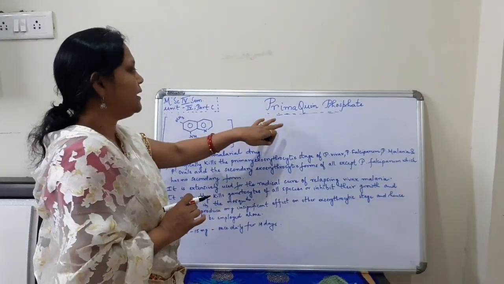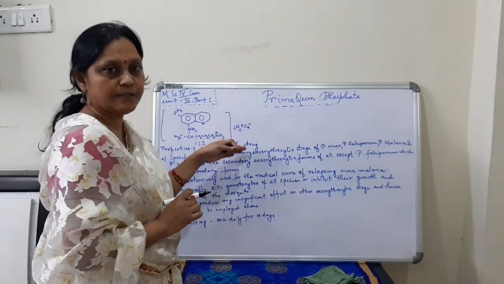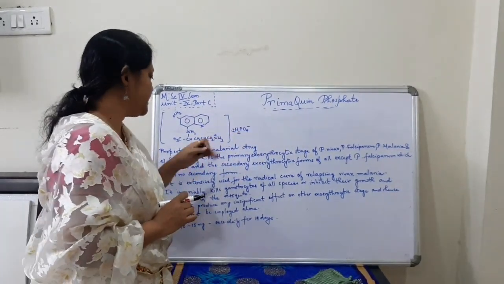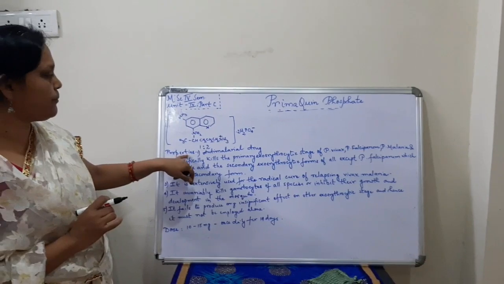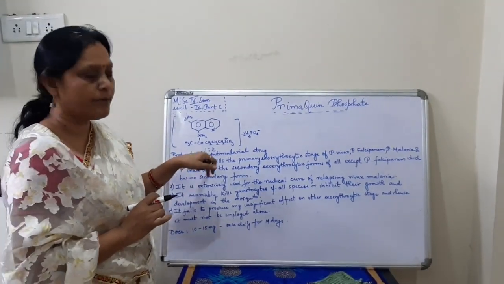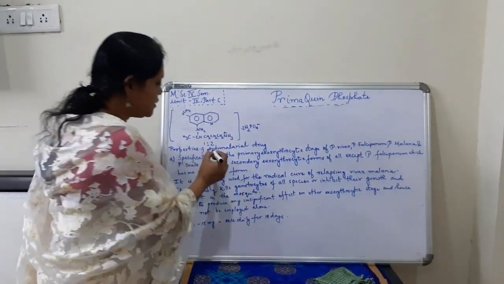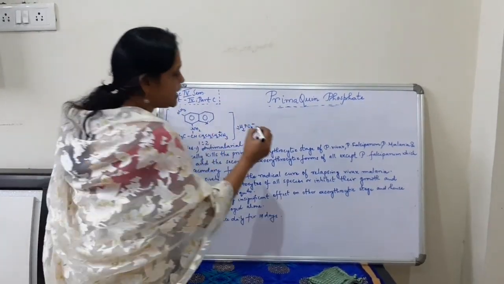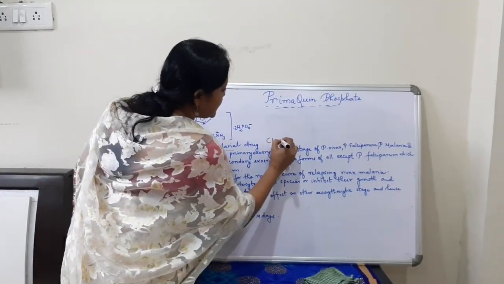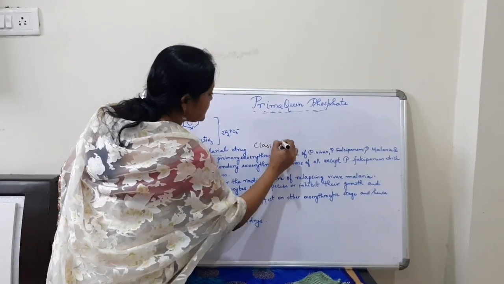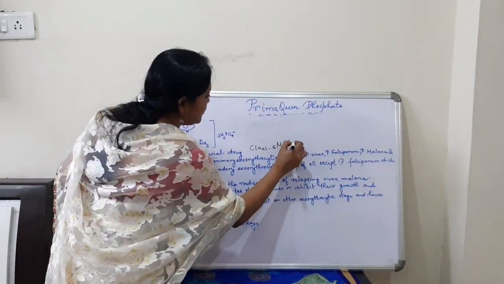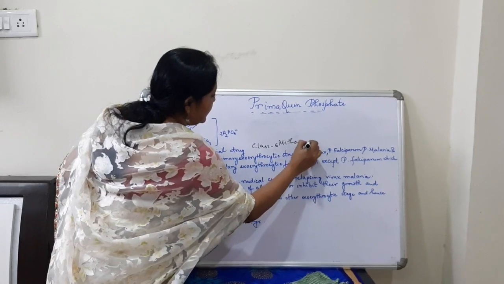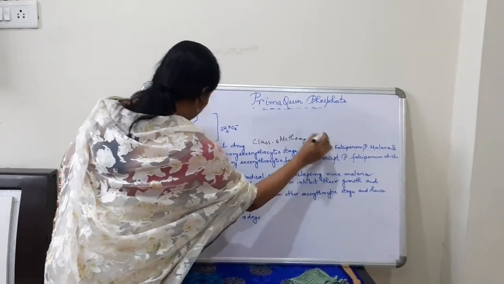So after understanding all the steps of synthesis of primaquine phosphate, let us now see the properties of this drug, primaquine phosphate. This is also an anti-malarial drug which comes under the class of 6-methoxy-8-aminoquinoline.